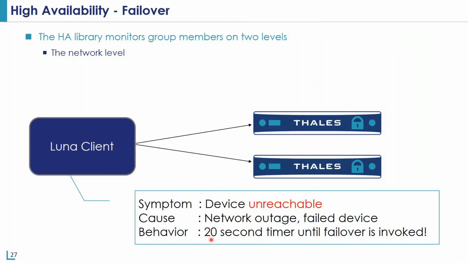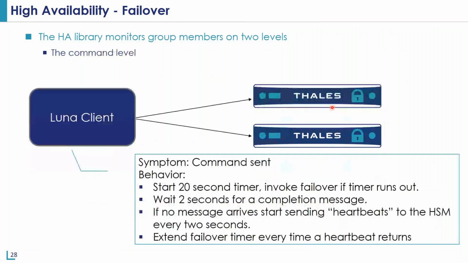So your Luna client will wait for this 20 seconds to get the connectivity restored between client and members. If there is no response received, they will mark the member as dead. This is again tracked by your Luna client. So this is at network level. It might be possible that you initiated a command and after initiating a particular command, your HSM went down.